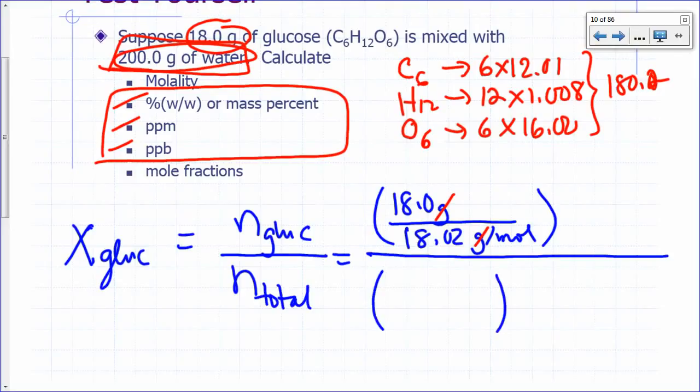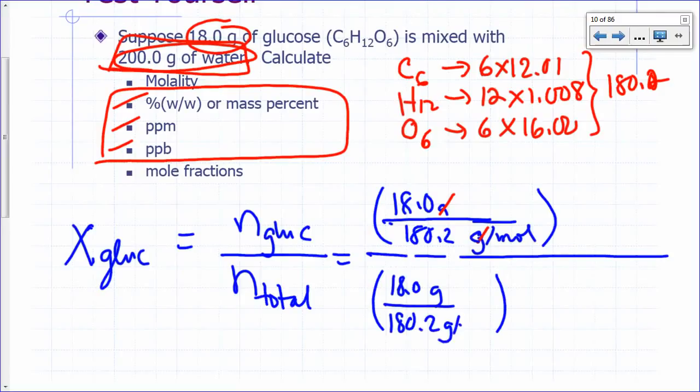So I already have the glucose right here, 18.0 grams over, oops, it should be 180.2 grams per mole. So 18.0 over 180.2 grams per mole. Cancels grams. Plus moles of water.